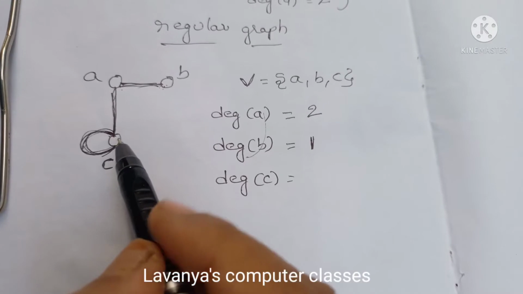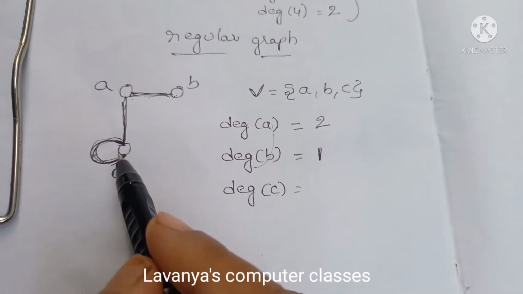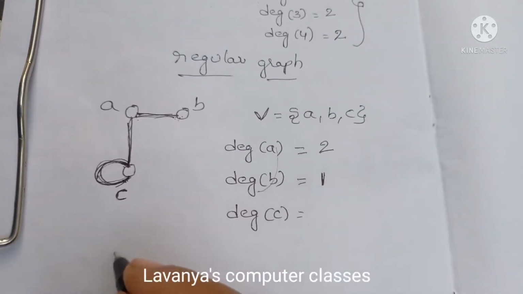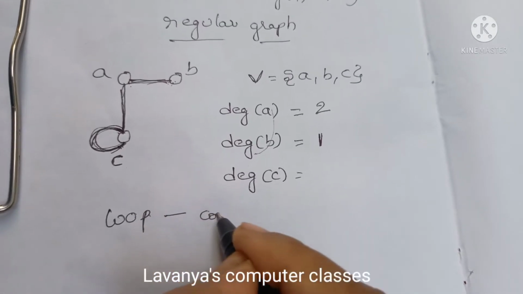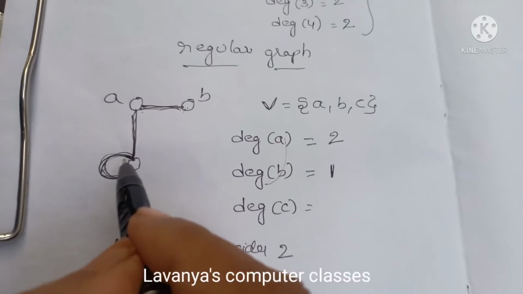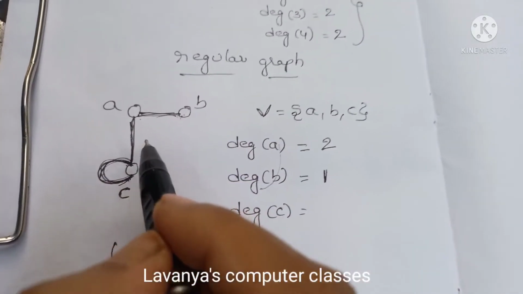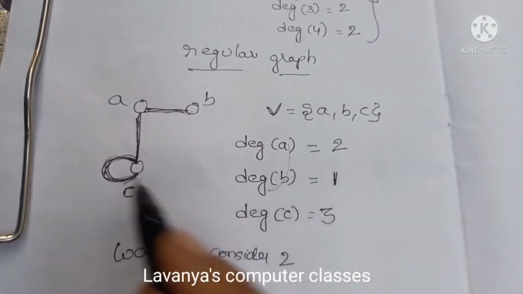If the graph contains a loop, then we consider its degree as 2. Here it is a loop, so the degree is 2, and this other edge is 1. So, totally the degree of C is 3. Is it clear?